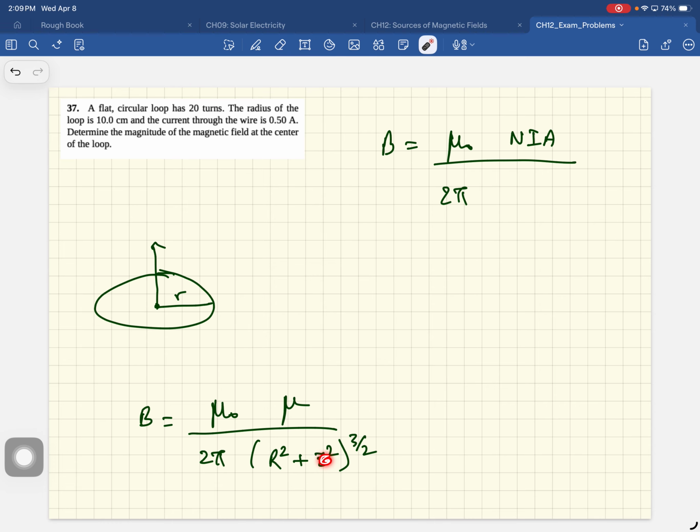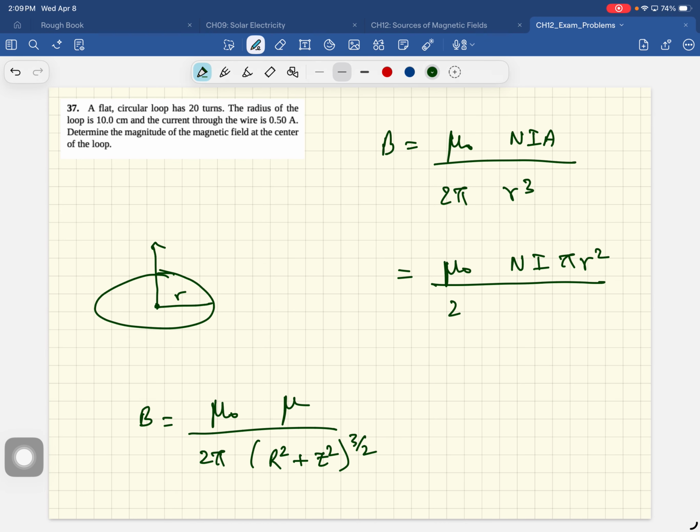And the expression is again due to a current loop. We saw the expression for a field. B is mu naught by, what is it? Is it 2 pi or 4 pi? 2 pi.